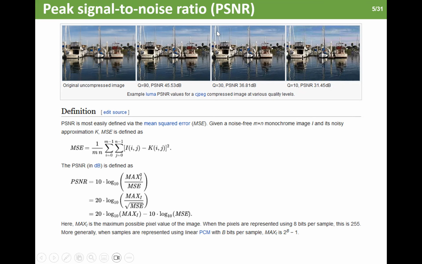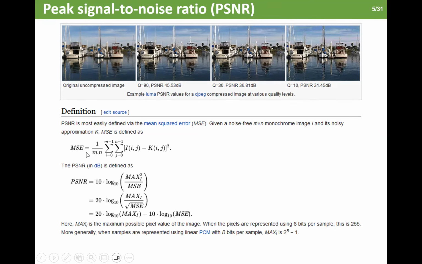So how to compute the PSNR? First, compute the mean squared error. So this is actually very simple. If you have the original image and the noisy image K, then just subtract each pixel and square the difference and sum that up and compute the average. So it's literally the mean square error.